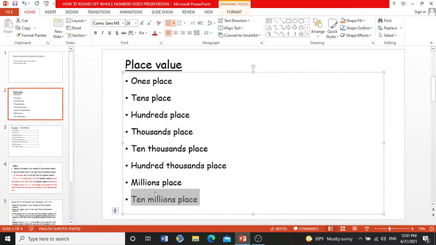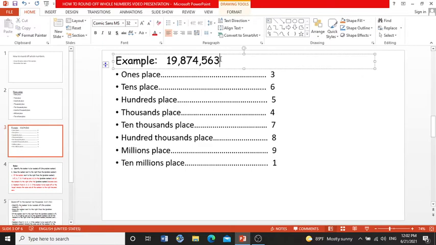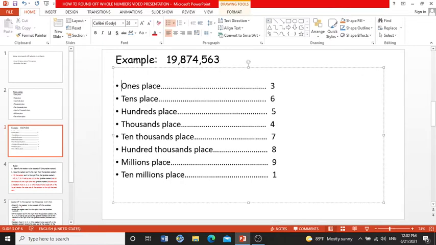Okay, let's move on. I'll illustrate this place value now with a real number so that you'll understand what I'm talking about. Our example here is 19,874,563.